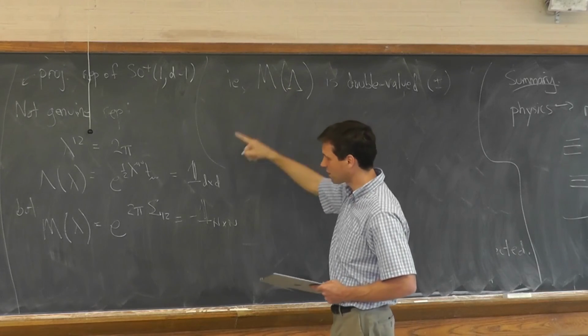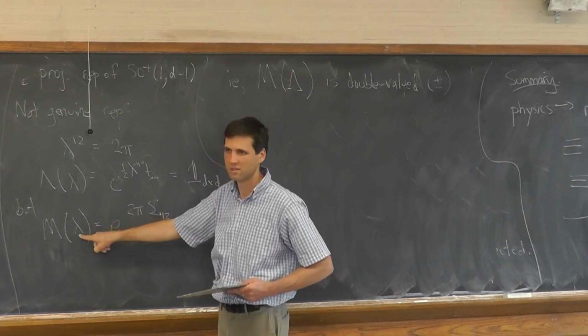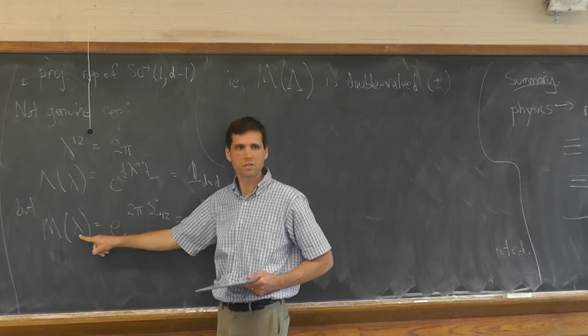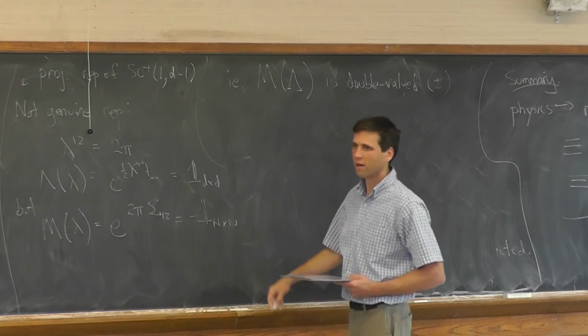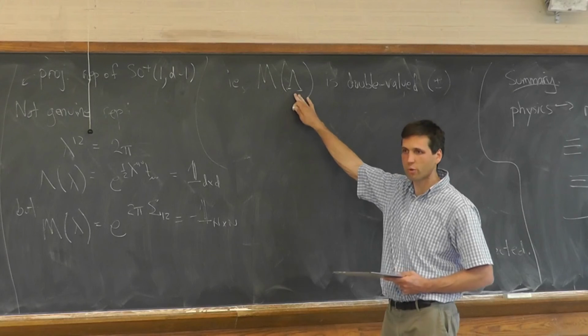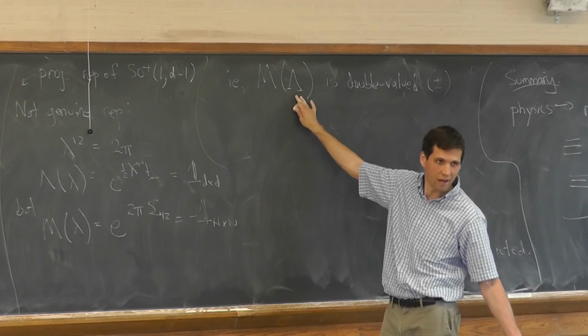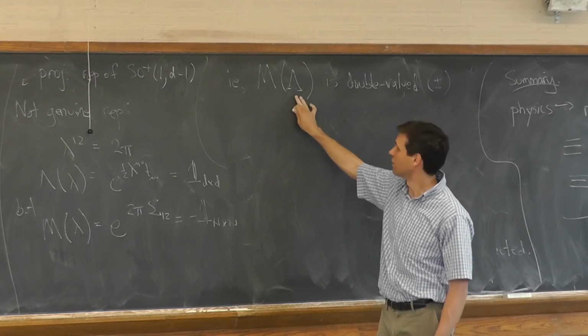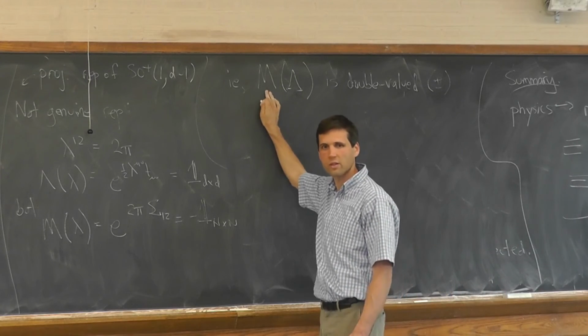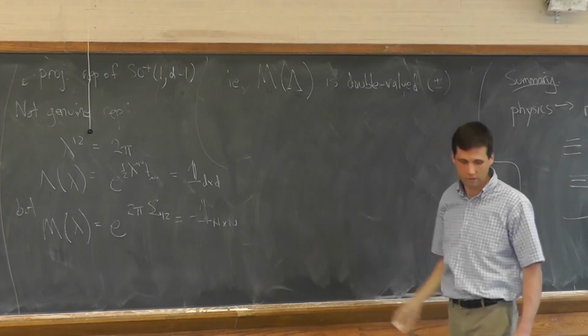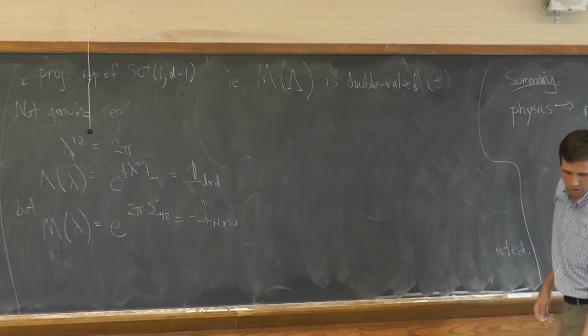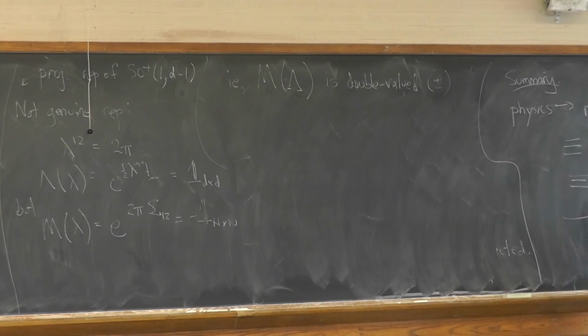It's perfectly well defined in terms of little lambda. You just exponentiate the generators. But if you hand me the same group element, that is the identity and the identity after going around once, you get two different generators acting on the spinors. So this is a double valued function of the group element. It's ambiguous up to a sign. If you want to specify it uniquely, you have to tell me not only the group element, but how you got there.